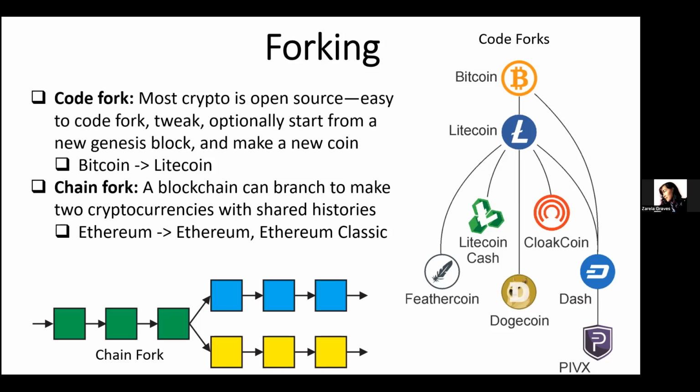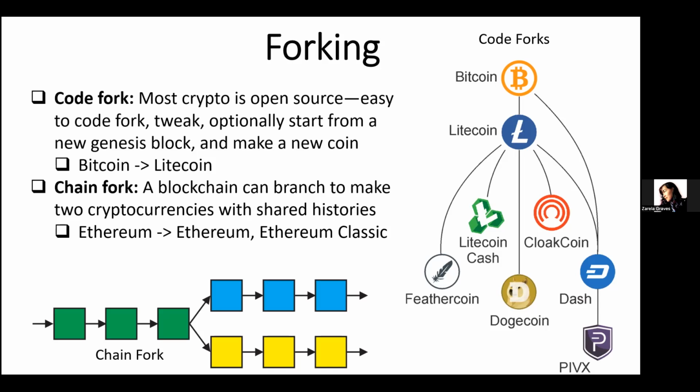What this means is you have two cryptocurrencies, like Bitcoin and Bitcoin Cash, that share a common history. So if you owned a Bitcoin in 2013 before the fork, then today you would own one Bitcoin and one Bitcoin Cash. Right? That's how it works. And this happens regularly too. So those are the two kinds of forks if you're coding or thinking of making a new cryptocurrency.